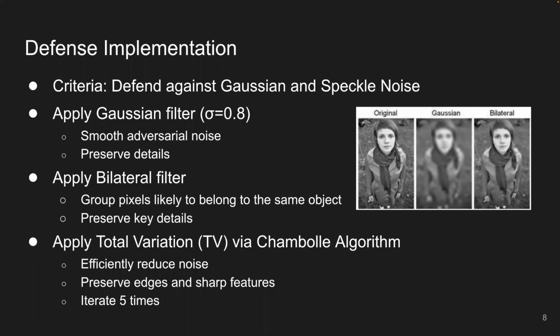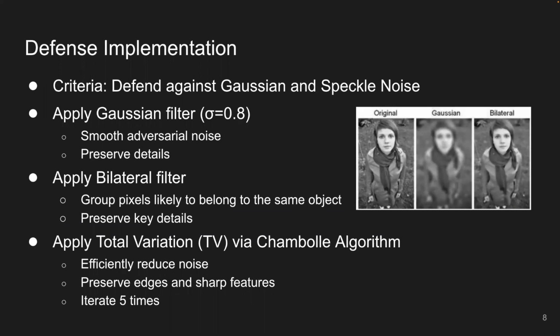Lastly, to reduce the noise in the image while preserving its edges and sharp features, we employ total variation, or TV, denoising based on the Chambolle algorithm. This algorithm works by minimizing the total variation of the image subject to a constraint on the fidelity of the original noisy image.